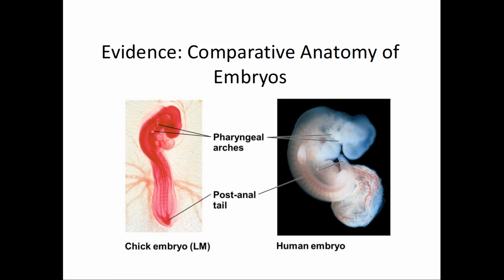You can tell the difference between something like a chick embryo and a human embryo, and these are fairly unrelated organisms, right? You might not be surprised if you saw a monkey embryo and a human embryo, or a chimp embryo and a human embryo, but this is a chicken compared to a human, and they're remarkably similar. The idea being that the processes of development are largely inherited, or largely unchanged, through evolution.